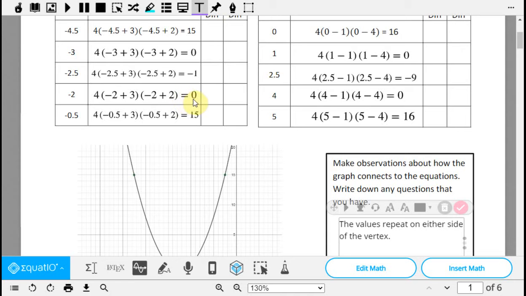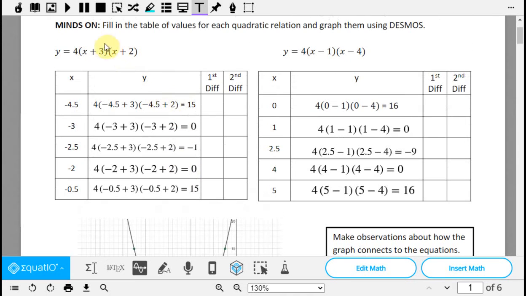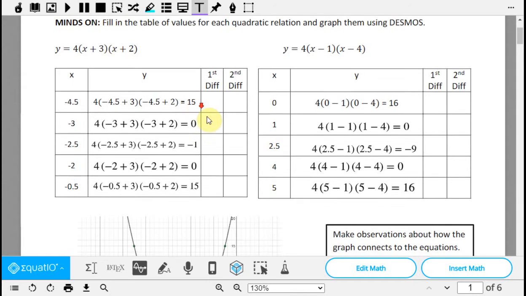So what we're seeing here is that these numbers in factored form tell us what the zeros are going to be. The opposite number of x, when we put it in here for either of these, results in a bracket that's 0 and makes y 0. So the opposite number in each of these brackets are the zeros.